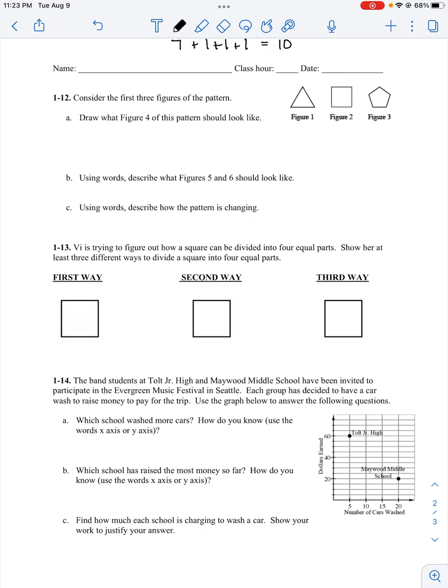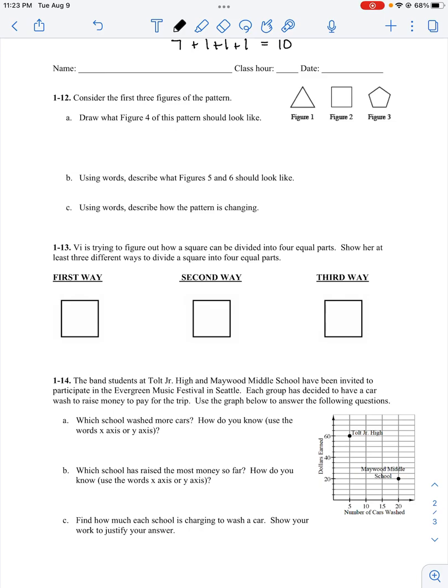Now, problem number 12. We're going to look at the first 3 figures of the pattern. So figure 1, we have a triangle. Figure 2, a square. Figure 3 is a pentagon.